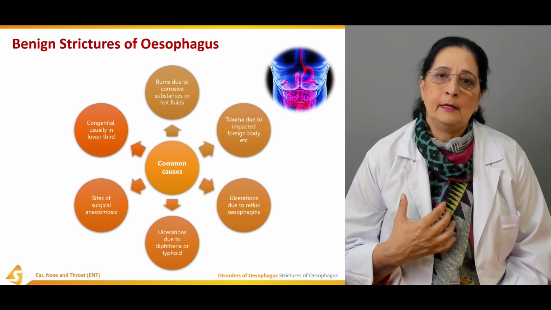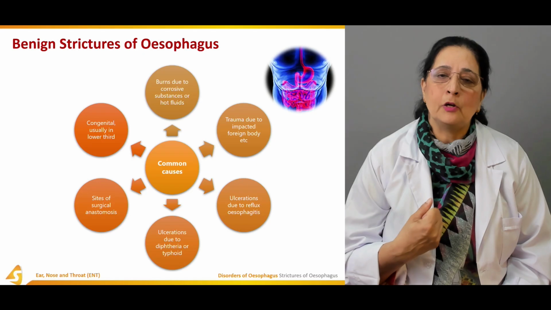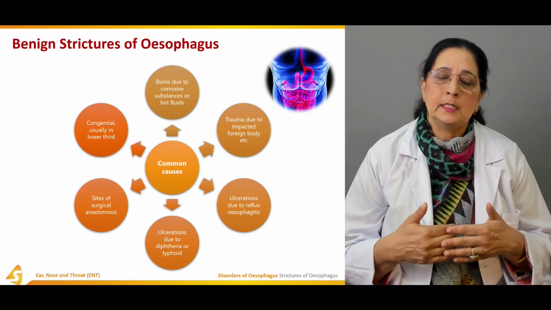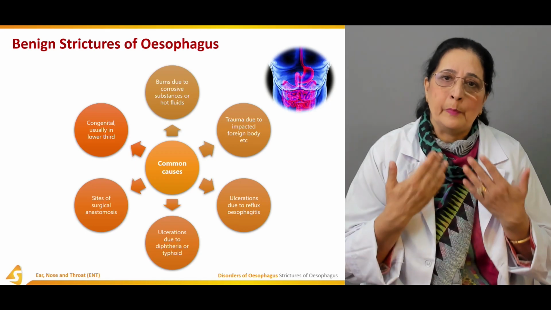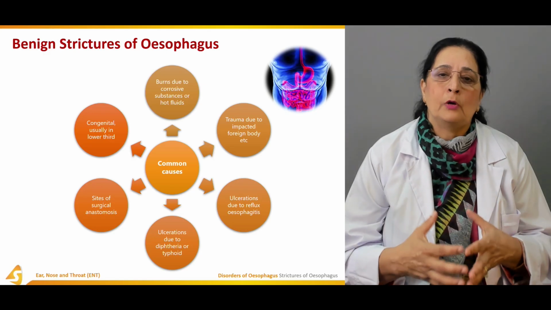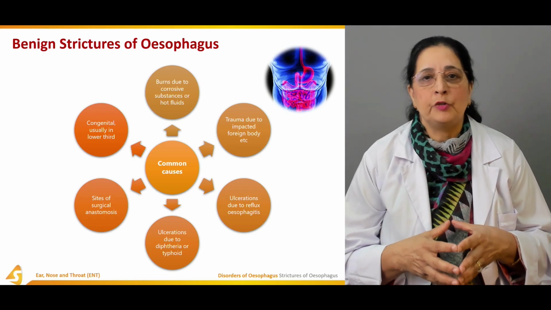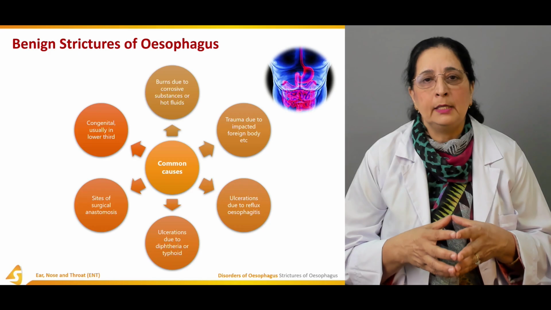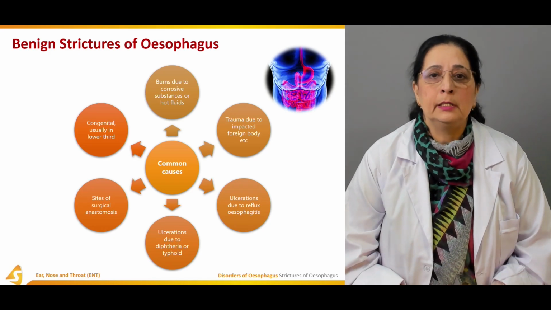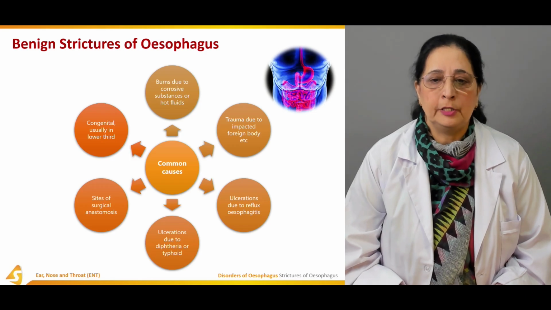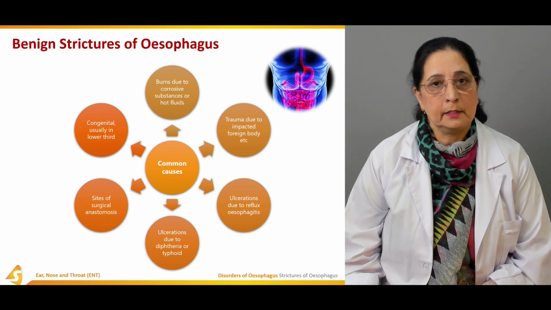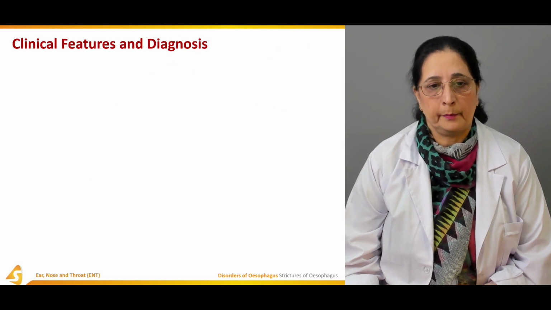Reflux is when the sphincters are not functioning properly, so substances from the stomach go back and get regurgitated into the esophagus, and it can cause injury to the lining of the esophagus. That can also lead to the formation of esophageal stricture. So these are some common causes that can lead to stricture formation.